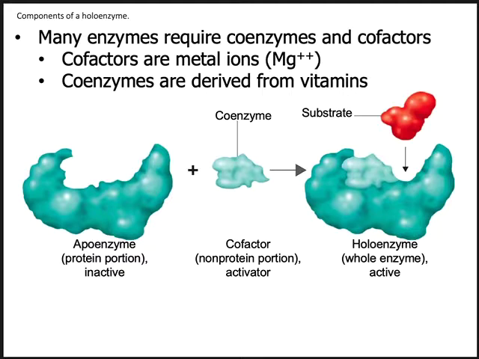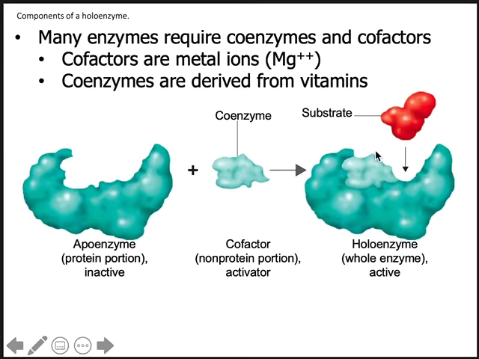Okay, so now that you've got the basics down, let's add a little bit more complexity. Enzymes can have another component called a coenzyme. Sometimes it's called a cofactor. So the cofactor is a non-protein portion that is required to fit into the enzyme, and that gives you the rest of your active site so that the substrate can bind.